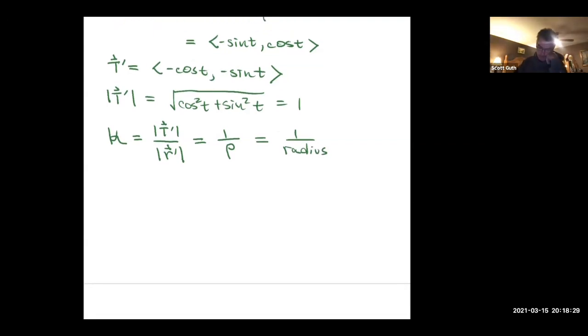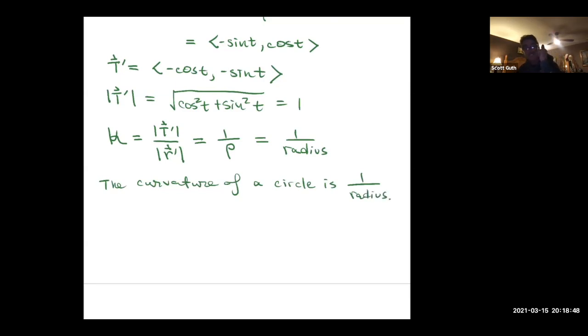So the curvature of a circle is 1 divided by the radius. So we can see as the radius goes to 0, the curvature goes to infinity. And I want to go ahead and call it 1 over rho, just because rho is going to have special significance.